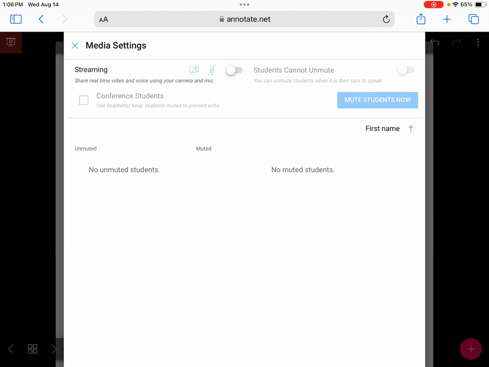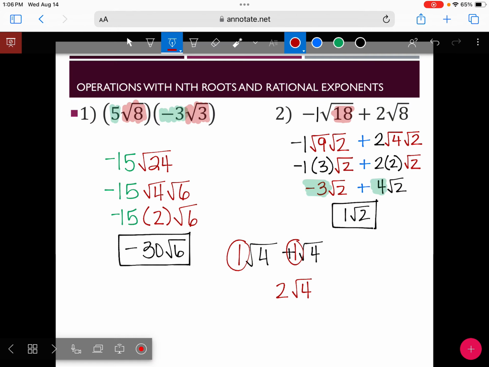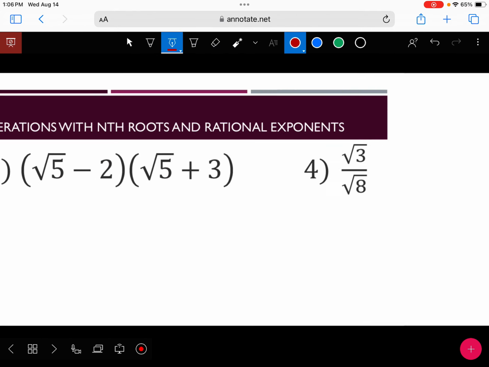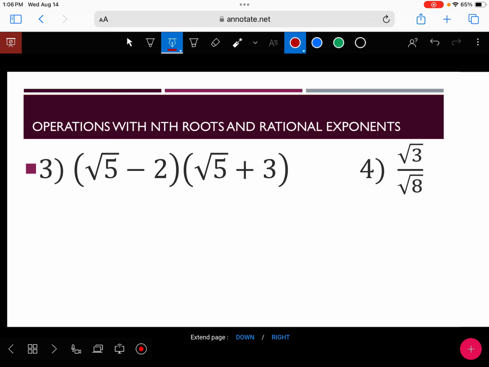All right, let's go to our next examples. Oops, hit the wrong thing. Here we go. All right, copy down 3. We're just going to copy them down one at a time because some of them take a lot of space and some of them don't. So let's look at question 3. How do we know that this is multiplication?